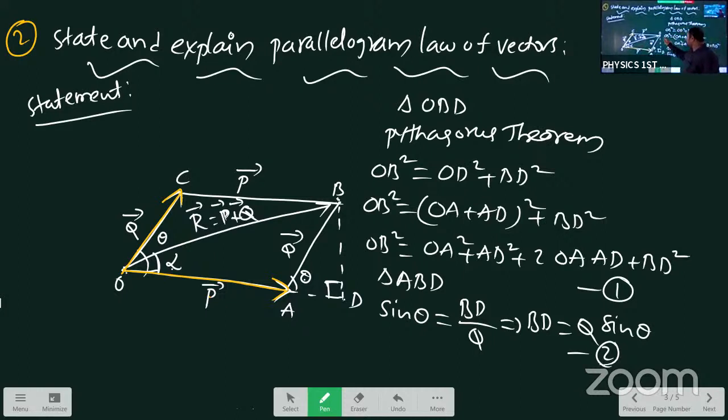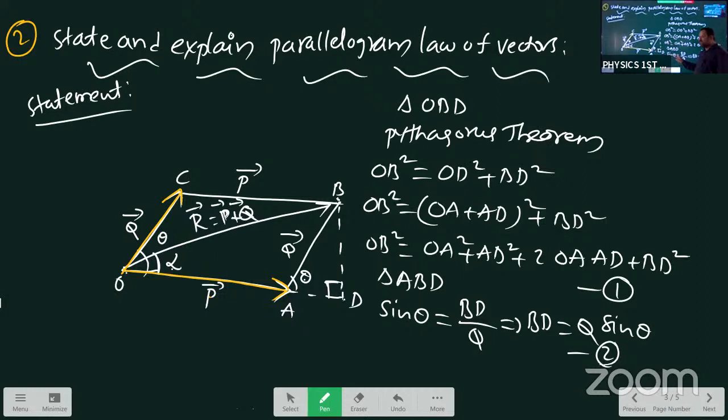Pythagoras theorem: here we draw one perpendicular, student. The dotted line indicates it is imaginary. From triangle OBD, Pythagoras theorem, equation 1. Then after that, ABD is one more triangle.